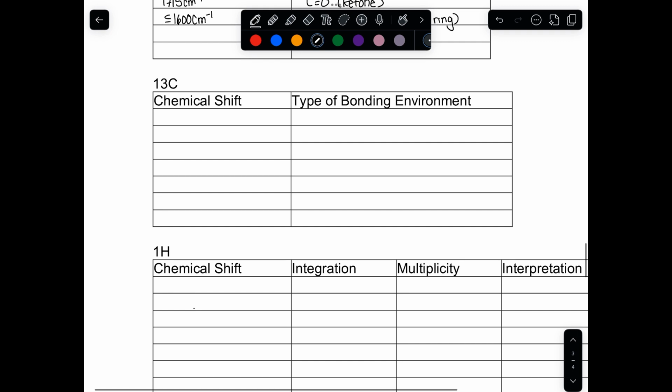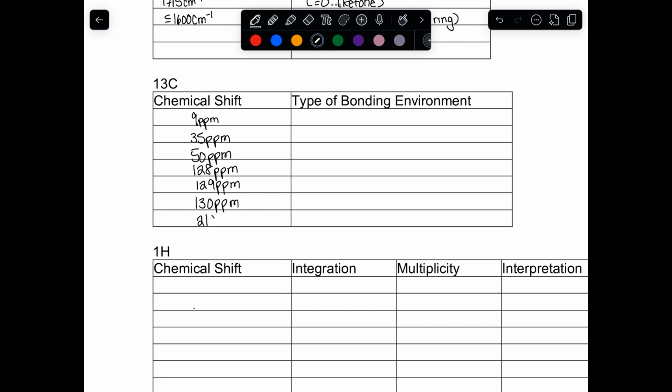And now we just put this into our chart. So at 9 ppm, the type of bonding environment would be sp3. There were a few other peaks in the sp3 region, 35 parts per million and 50 parts per million. All of those would be sp3 since they're below 100 parts per million.